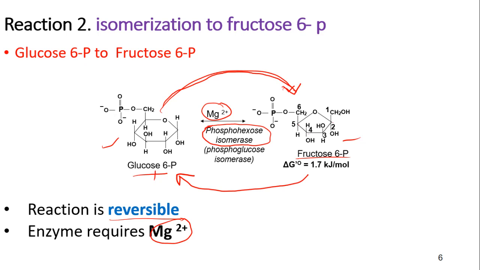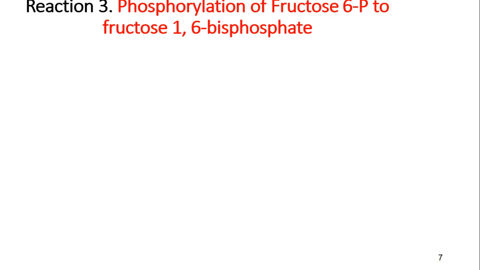Okay, now after that has been done, there is a next step, and this next step involves again phosphorylation of fructose 6-phosphate. So this will form reaction number 3. Reaction number 3 is just phosphorylation of fructose 6-phosphate to form fructose 1,6 biphosphate.